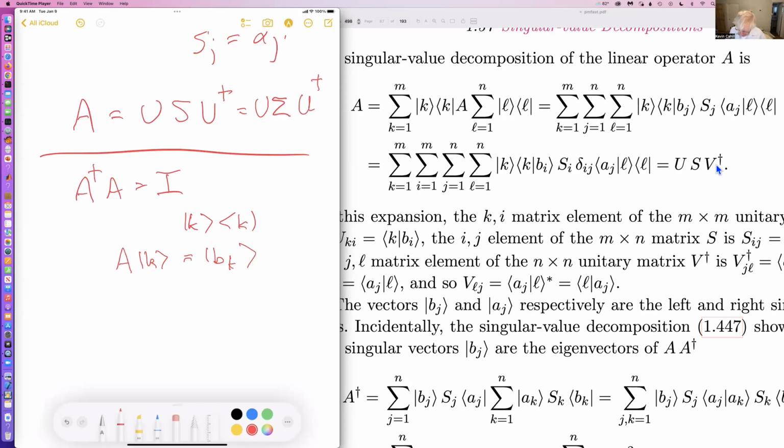So one would write this. Now we would be writing this unitary matrix as a sum on b_k, A, k, k.